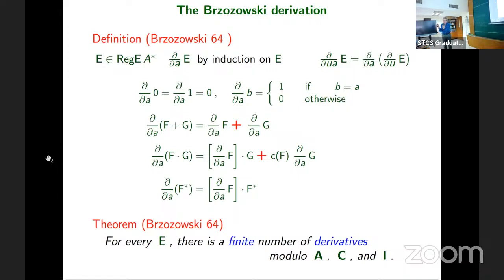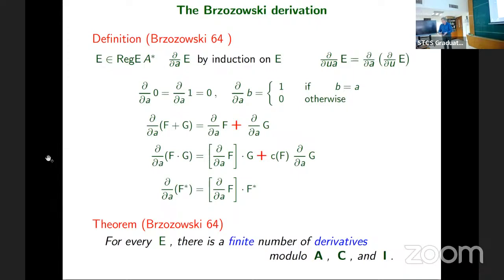So if you have two expressions E plus E, you say that's E. You understand that computationally it's rather heavy. And moreover, we get a deterministic automaton.